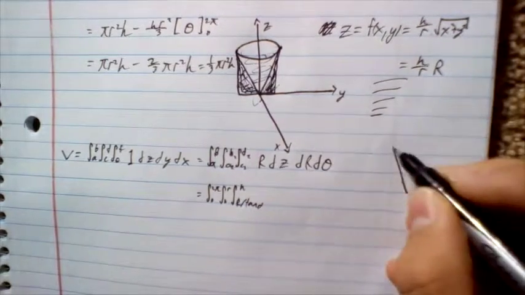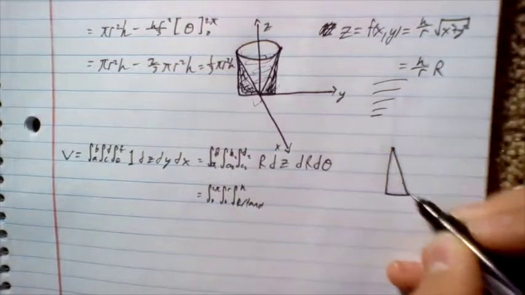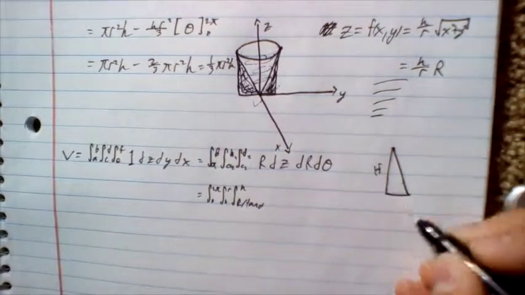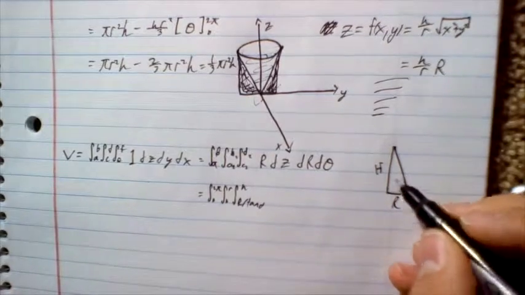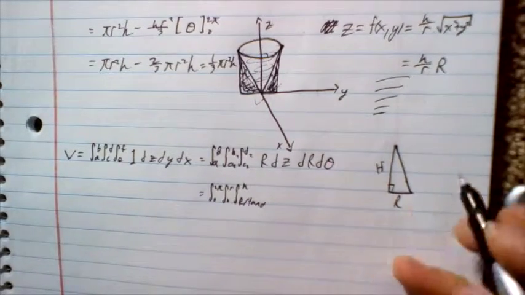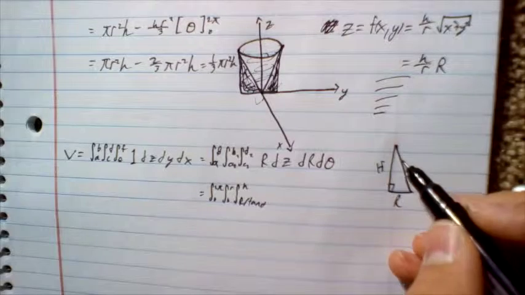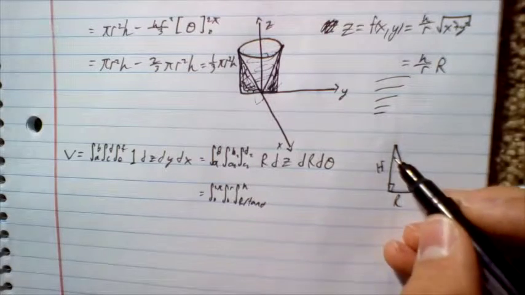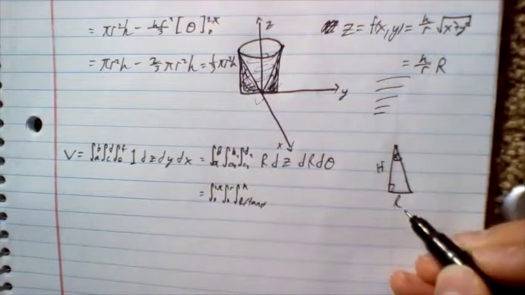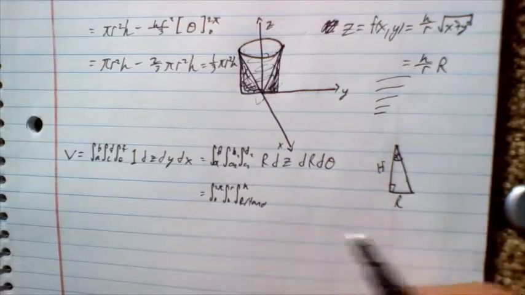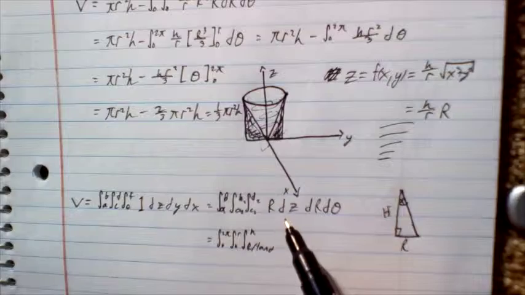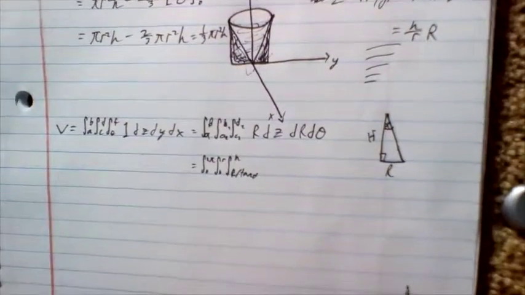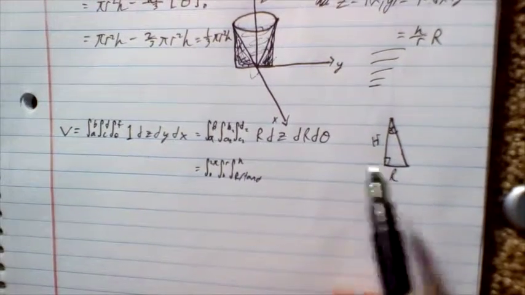Okay, so look, in a right triangle with height cap H and leg cap R, tan of alpha, where alpha is here, will equal cap R on cap H. And of course, since tan alpha is constant, it's also equal to r on h. We met that little trick in our first video.